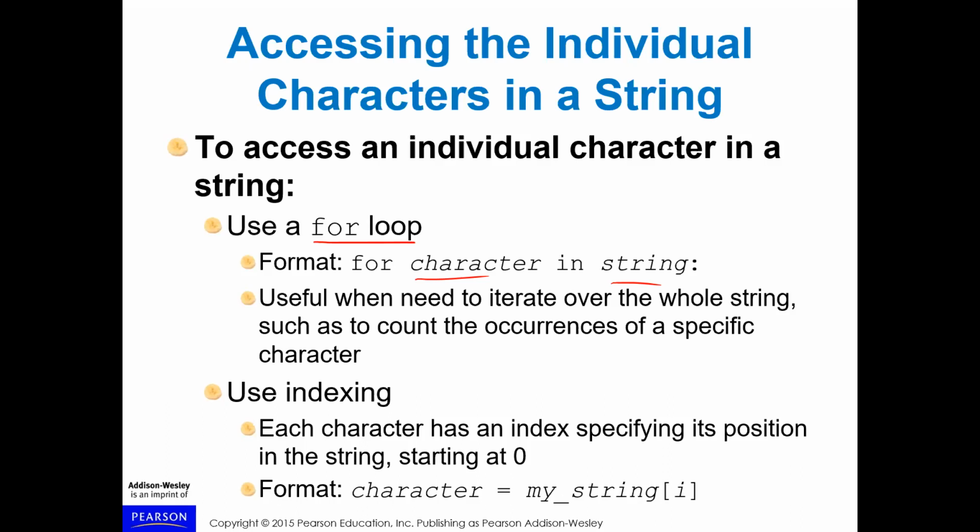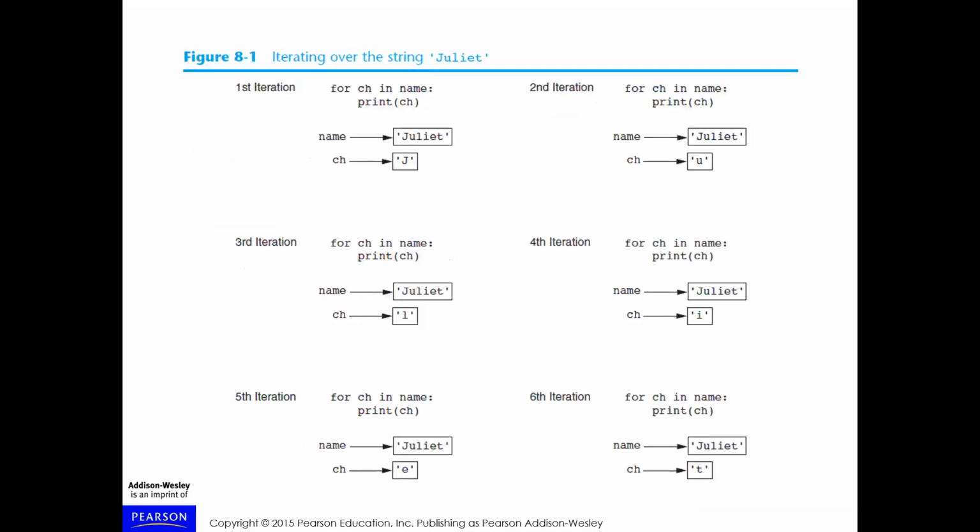We can also use indexing, of course, as we saw in the previous slides. The more generic approach: each character has an index specifying its position in the string, and it starts at 0. So here you can see my string index i, and that gives us the character. Okay. So here's a more visual example of iterating through a string. You can see we have the first, second, third, fourth, fifth, and sixth iterations in a for loop.